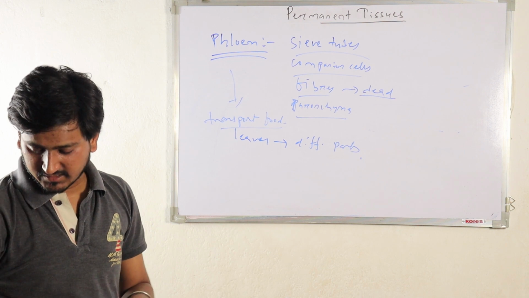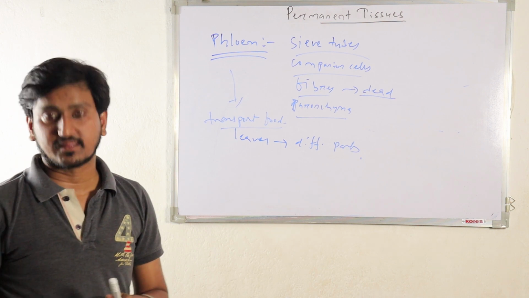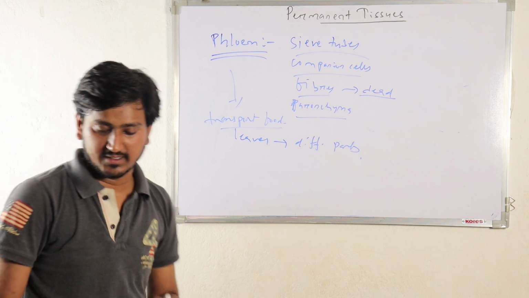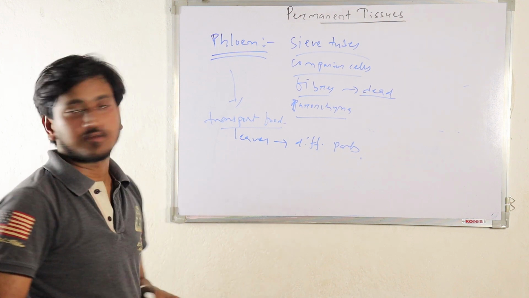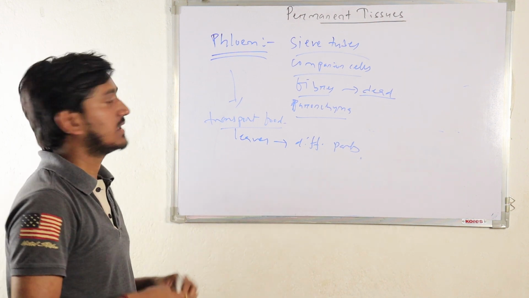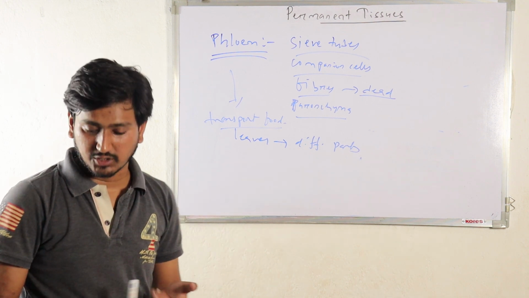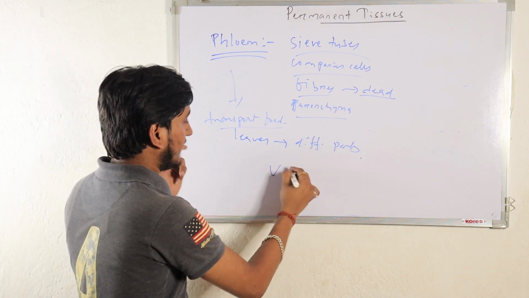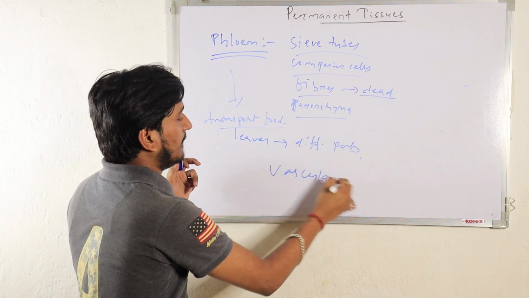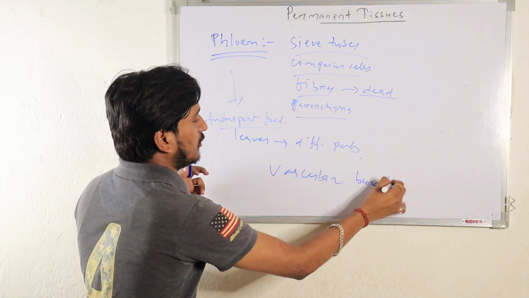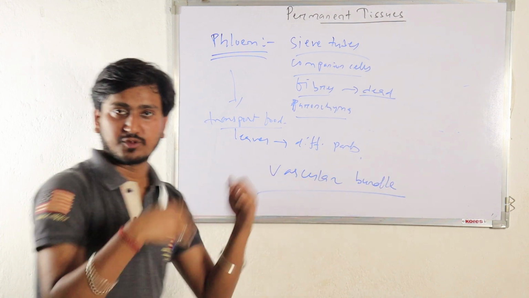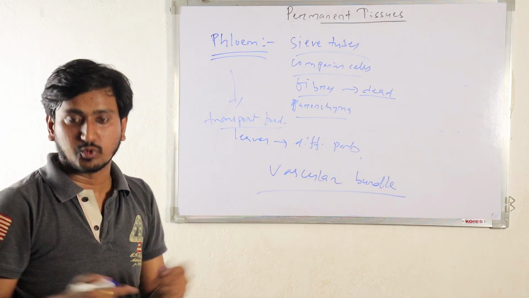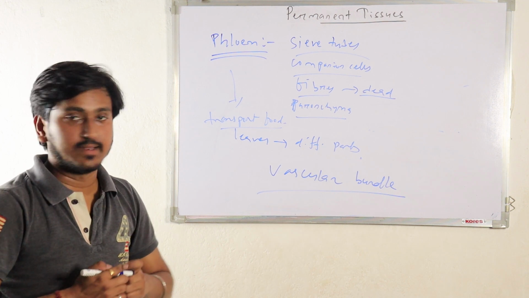Another thing, it conducts the material in both directions, upwards and downwards. These two types of tissues, as I earlier mentioned, are combinedly known as the vascular tissues or the conducting tissues, and also as the vascular bundle, because they are both present just one above or beside the other. That's why they are together known as the vascular bundle.